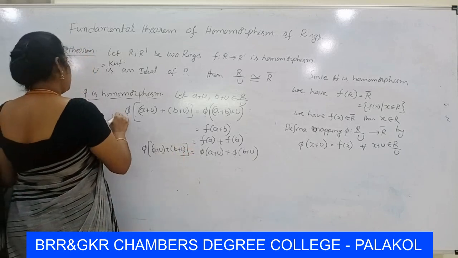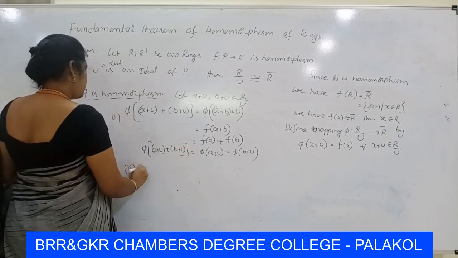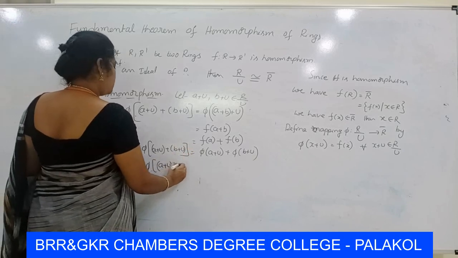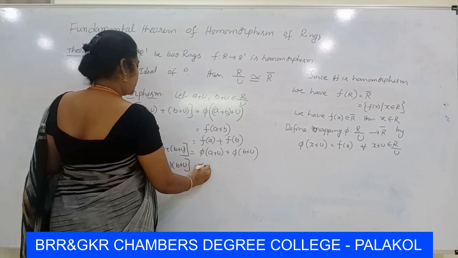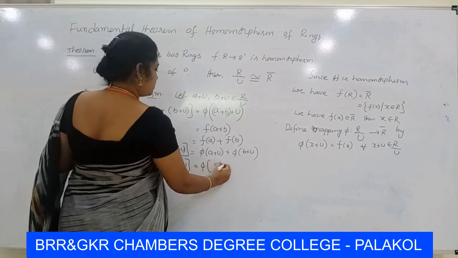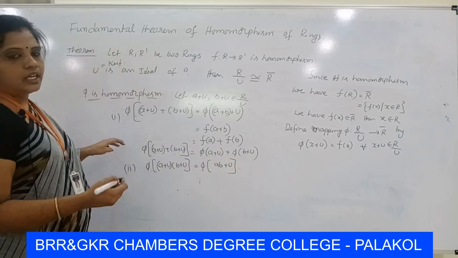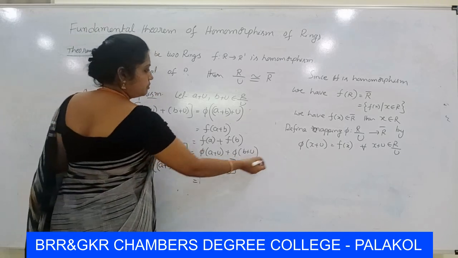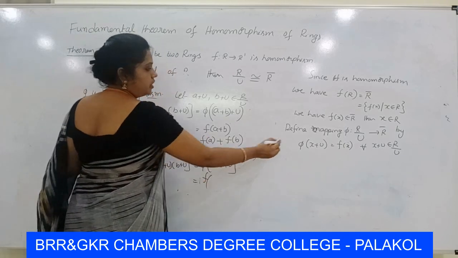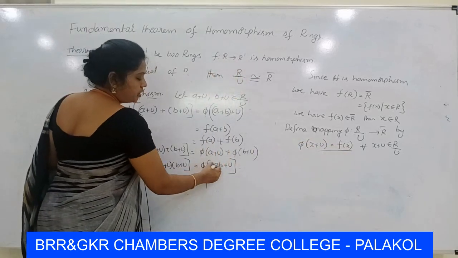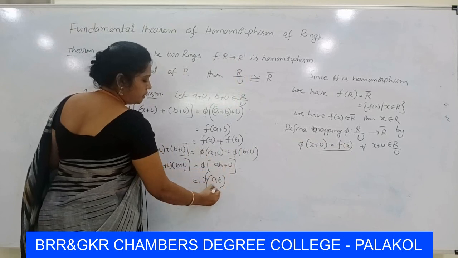And the second condition of homomorphism is that phi of a plus U into b plus U is equal to their product phi of ab plus U. By coset multiplication, a plus U into b plus U is ab plus U. Its image, phi of x plus U, is f of x, so phi of ab plus U is f of ab.